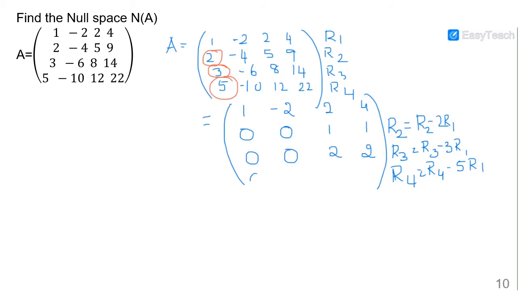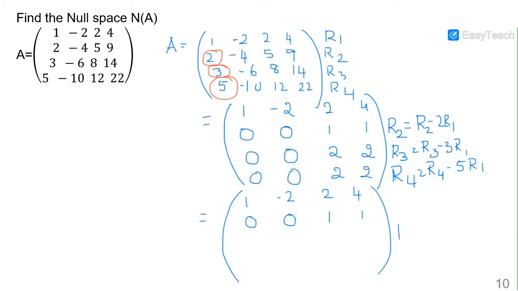So we have 0, 0, 2, 2. Further, we'll retain the first row and the second row as it is. 1, minus 2, 2, 4, 0, 0, 1, 1.